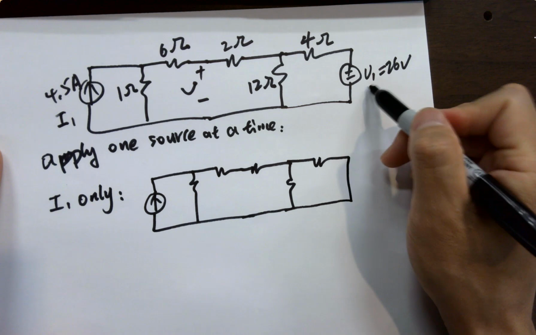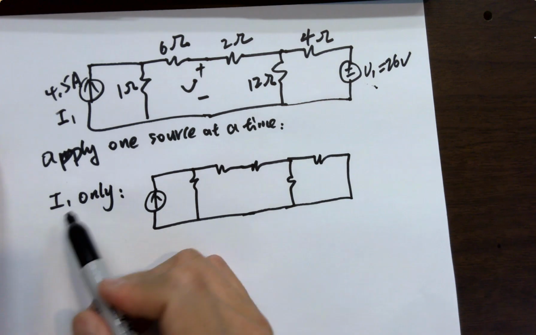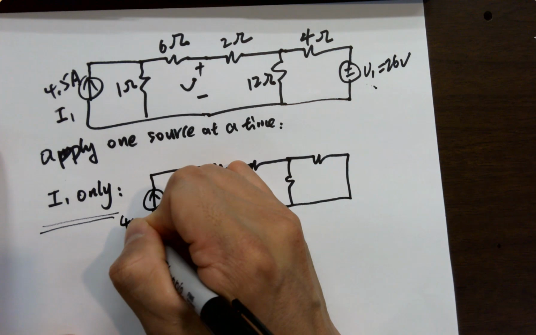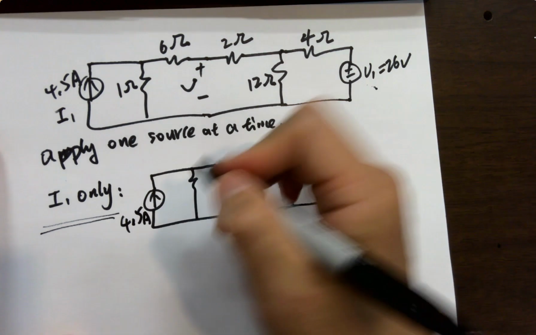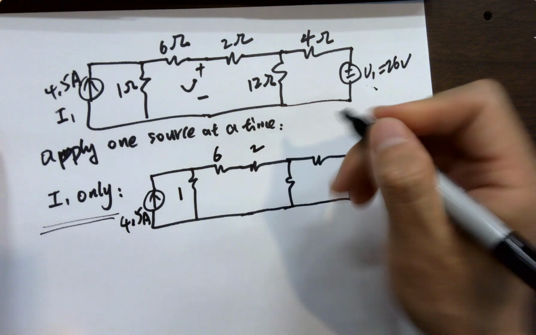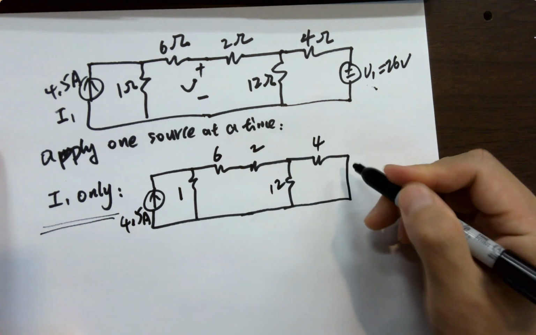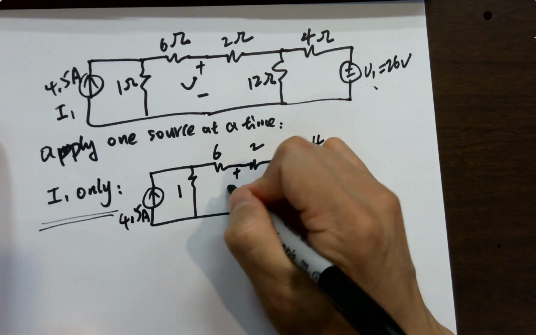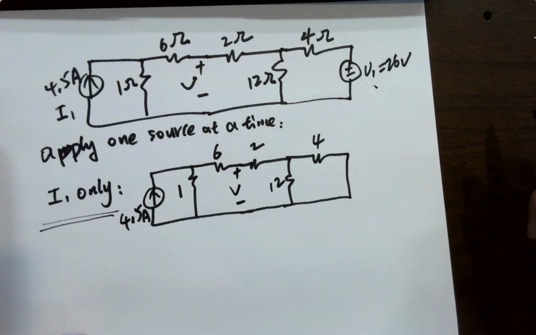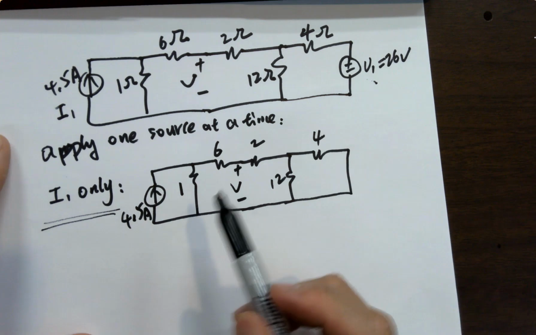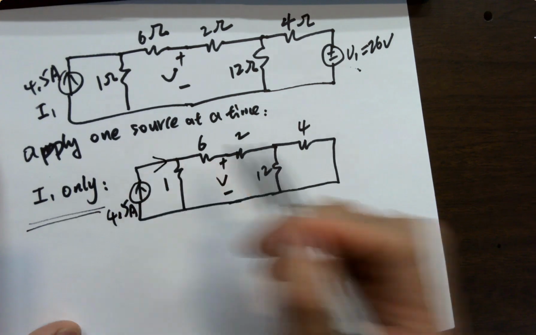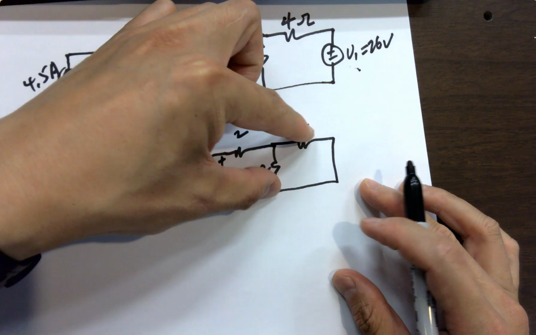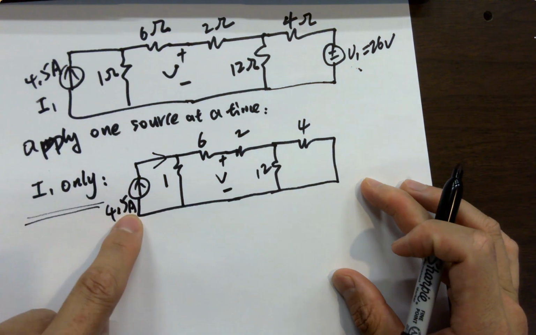Short this guy when you only apply I1. 4.5 amps. 1, 6, 2, 12, 4, shorted. So here's V. Current goes in and is split into two branches and comes over here and splits. So eventually it comes back to the source.